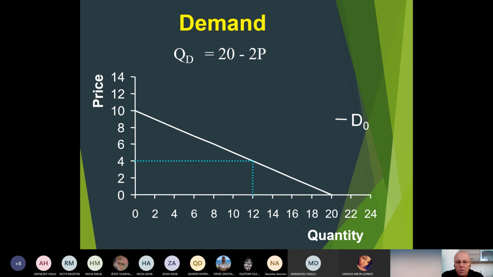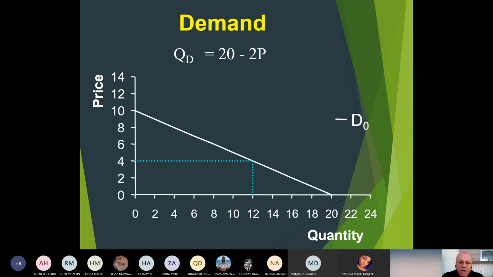And at zero price there are 20 units of quantity, where the producer distributes and lets the consumer buy the most. This is the graphical illustration.